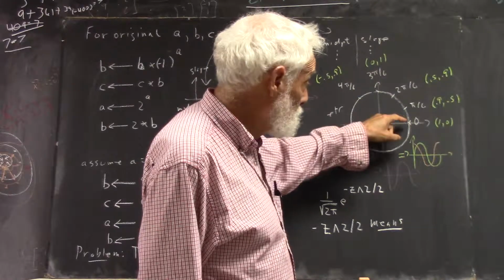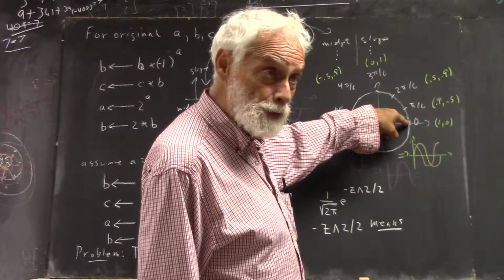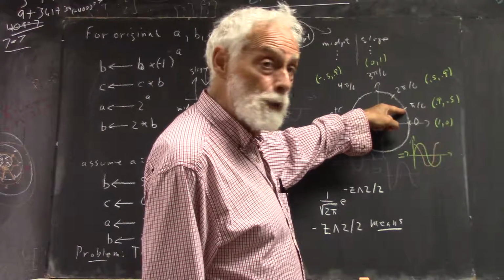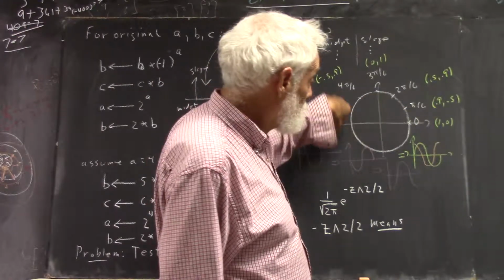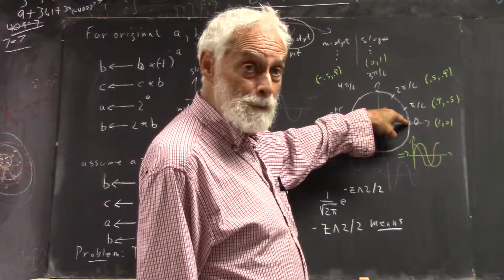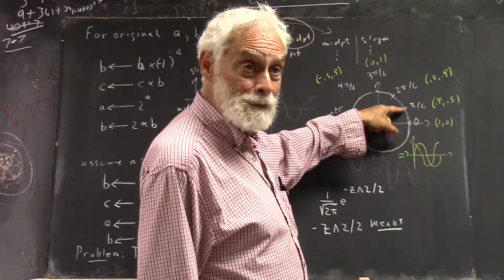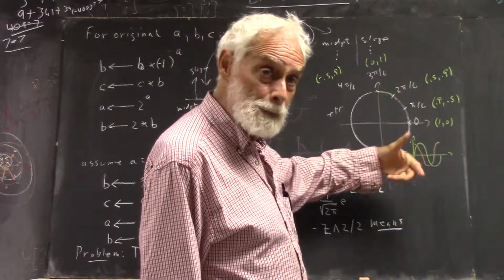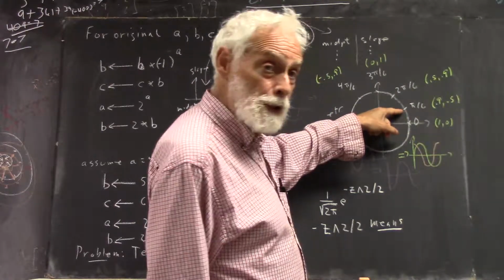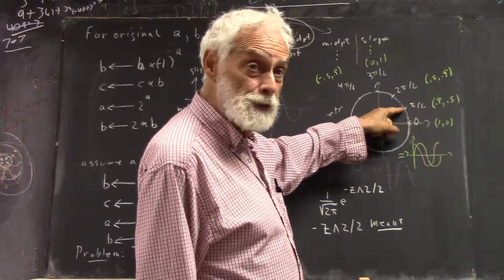We go counterclockwise starting here, starting with the positive x-axis, and we measure how far we go. If the distance around here is 2 pi, then 1/12 of that, because there are 12 hours in the clock, is pi over 6. 2 pi divided by 12 is pi divided by 6. So that point is an arc distance pi over 6 from 0.